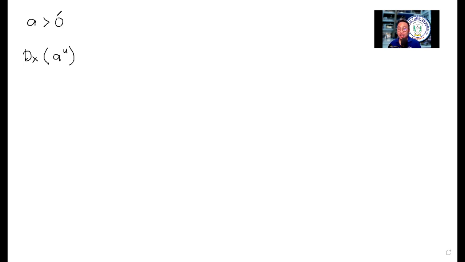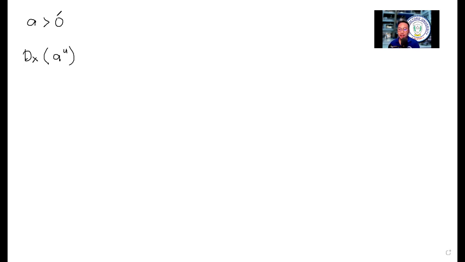The reason a is greater than 0, guys, is that logarithmic is an inverse of the exponential function, and logarithmic functions only deal with positive real numbers. There's no log term for negative numbers, okay? So that's why a is greater than 0.